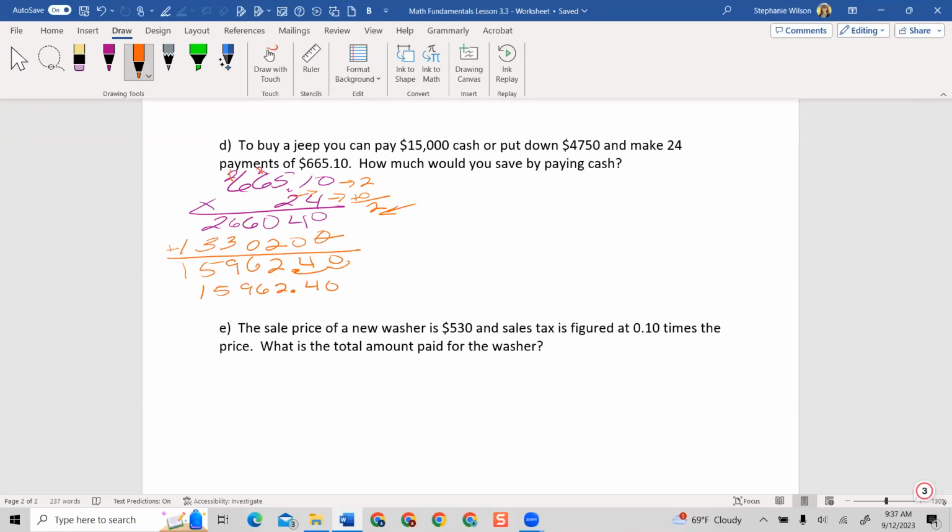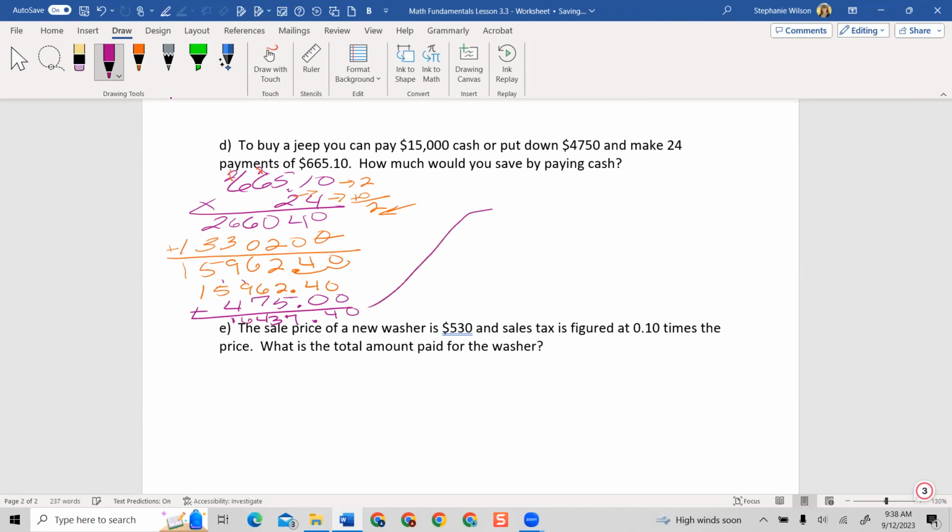So what if we add on the down payment? Because that's what we're going to do, right? The down payment plus these 24 payments. So let's add it on. We got 4,750. I'm going to put on the change just to line it up. So 0 plus 0, 4 plus 0, bring down the decimal. 2 plus 5 is 7, 6 plus 7 is 13, carry the 1. 1 plus 9 is 10, plus 4 is 14, carry the 1. 1 plus 5 is 6, and bring down the 1.